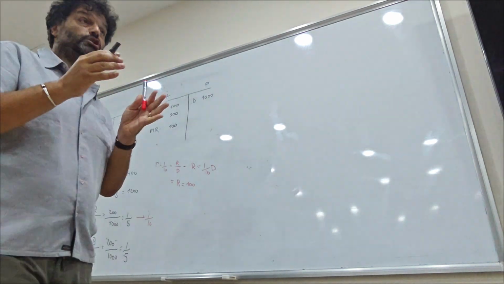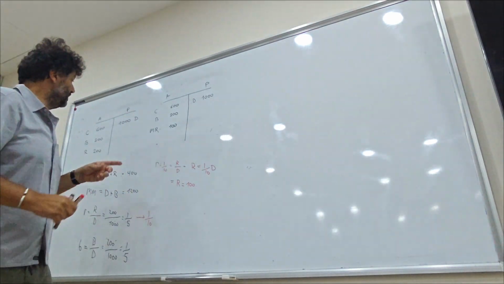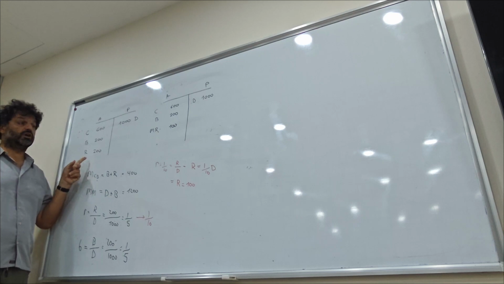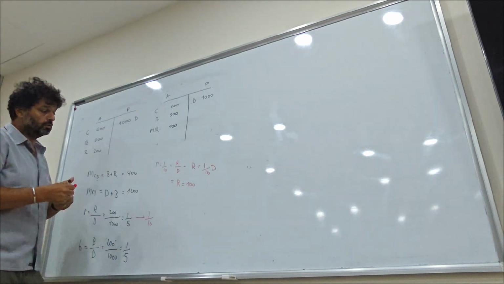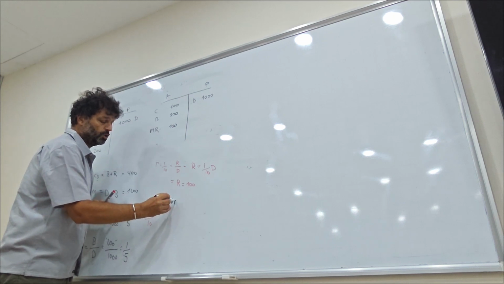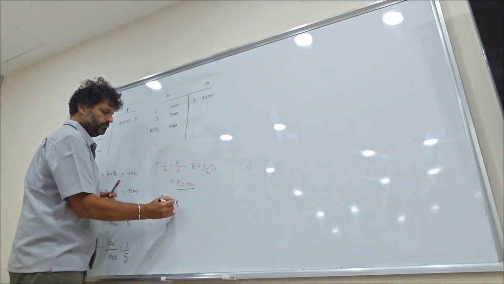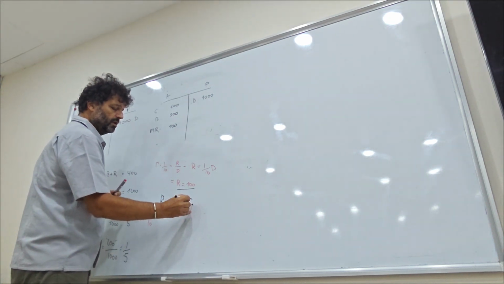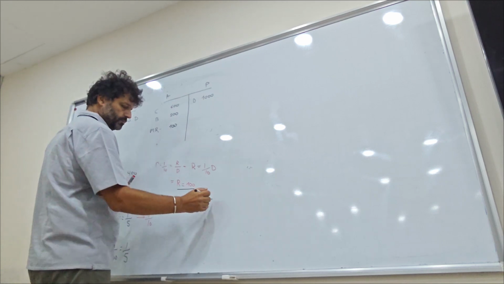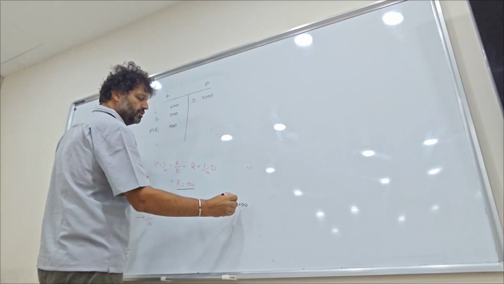But how much are the total reserves? The reserves that the bank had were 200, right? This was the reserves. So reserves minus mandatory reserves is equal to excedent reserves, which means that excedent reserves is equal to 200 minus 100.